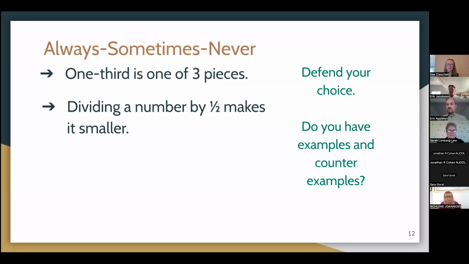Ooh, this is one of those. Now we have a math argument going. So I've got always and never, two ends of the continuum there. Always and never. And no, all in caps. We feel very strongly.